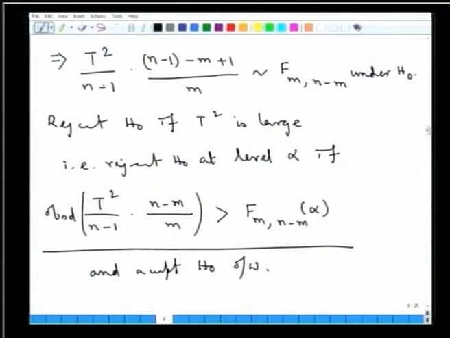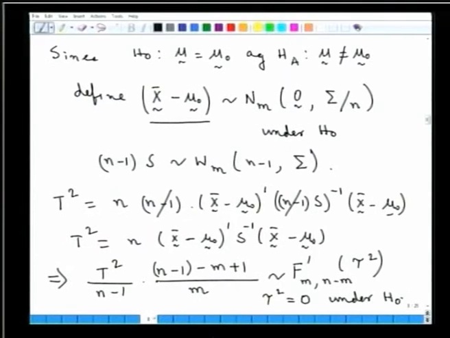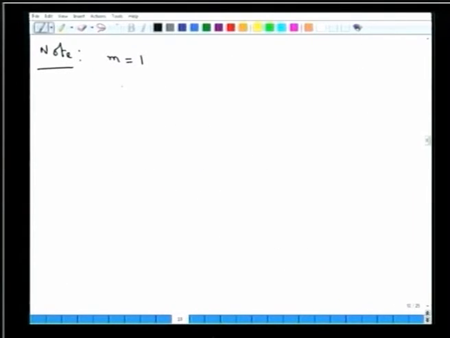It is t square. Now what was t square? T square was given by this. In such a situation the statistic is t square by n minus 1 into n minus m divided by m.